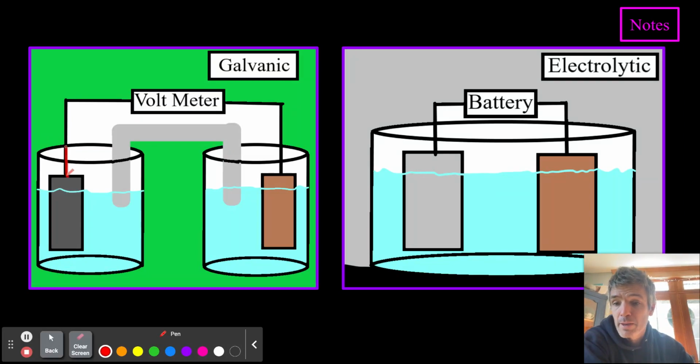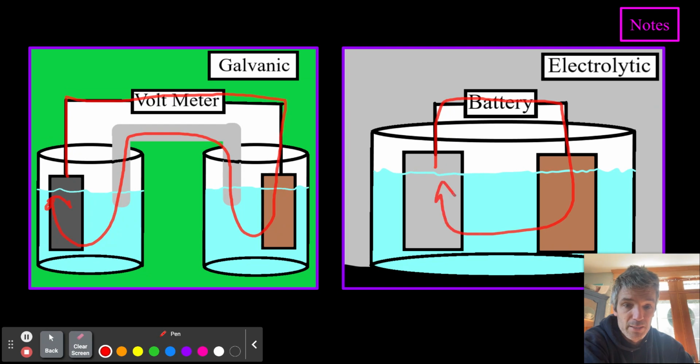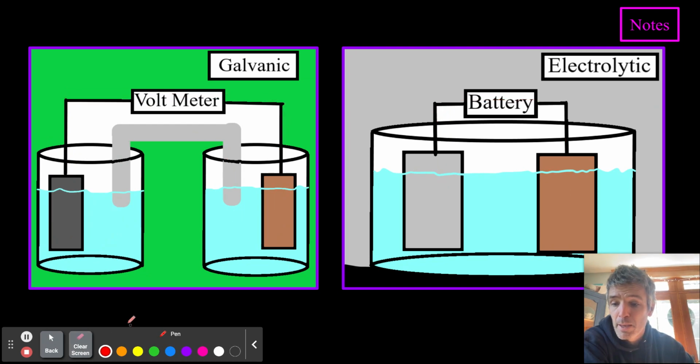Therefore, you need a circle for this to work, because the current is going to move around in a circular fashion. There you can kind of see my currents. Another thing they have in common is these liquids. They're ionic solutions. I've got cations and I've got anions in there.